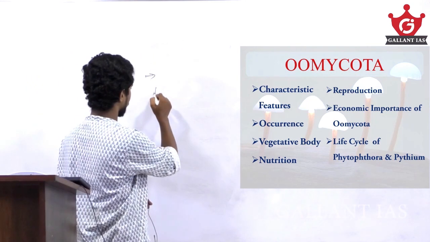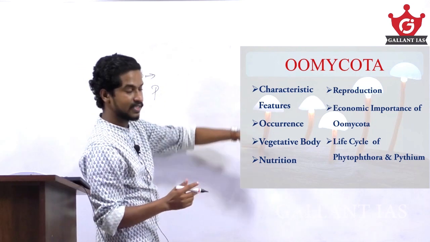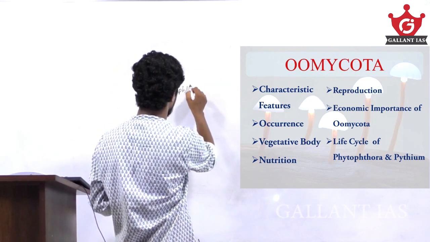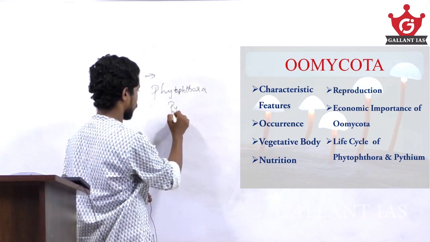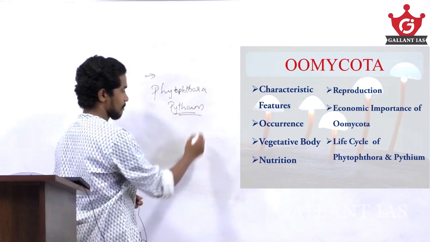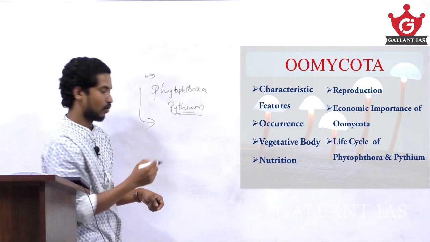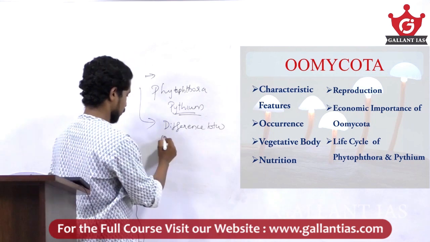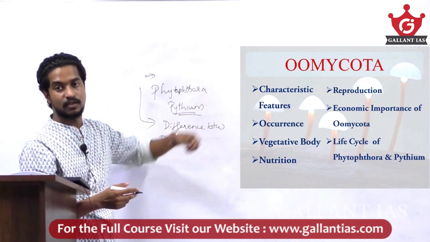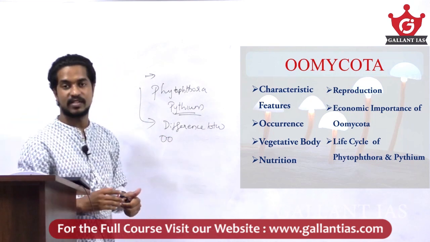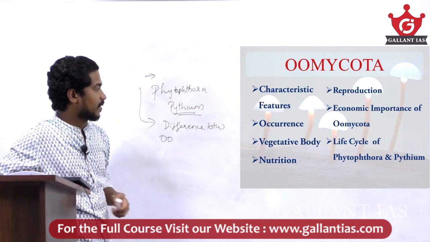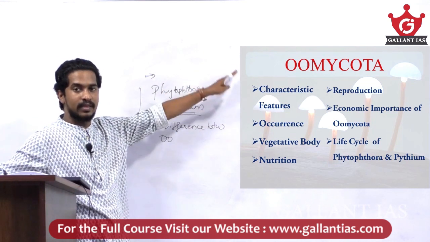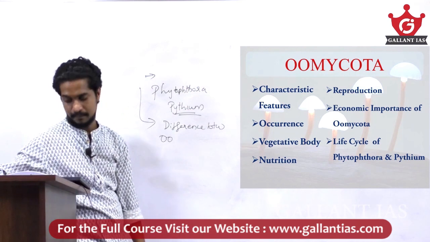There are two major organisms here, Phytophthora and Pythium. You also have to know the differences between OOMYCOTA and CHYTRIDIOMYCOTA. So these are the topics to study under OOMYCOTA.